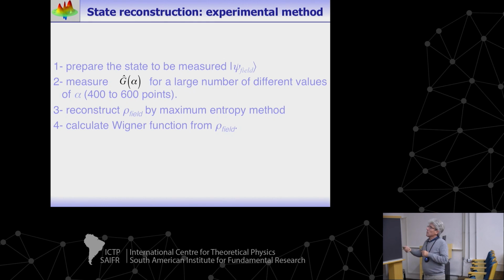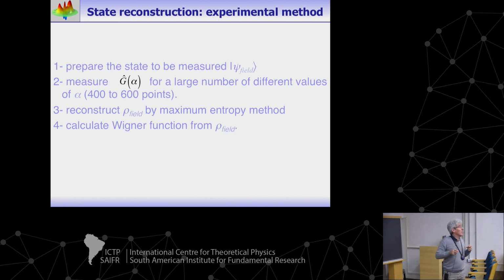So in the experiments, we proceed in an iterative way. We prepare the state to be measured. We measure the photon number non-destructively after many different displacements. Indeed, we take a large ensemble of values of the complex amplitude alpha. We measure the photon number distribution for like 400 to 600 points in the complex plane.